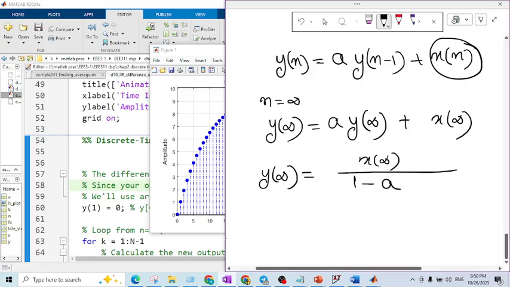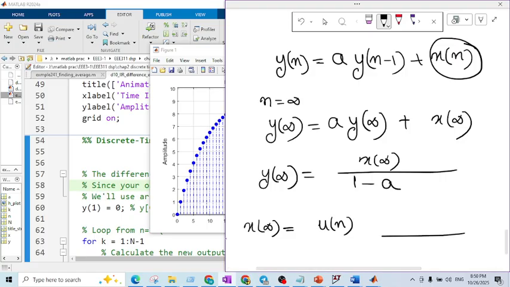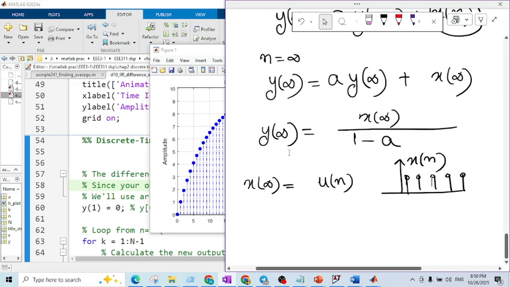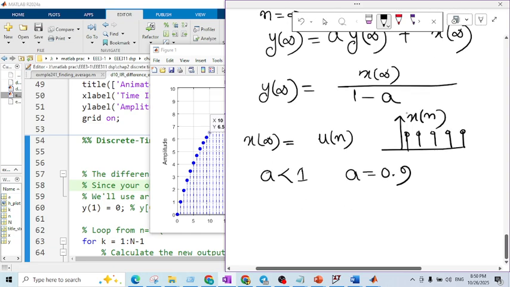So if I set x[infinity] to be a DC value, let's say u[n], I mean 1 1 1 1 1, let's say this is actually x. What I will get at infinite time is a finite value here, right? Let's say a is something less than 1, let's say a is equal to 0.9, then I will get y[infinity] equal to 1 over 0.1.